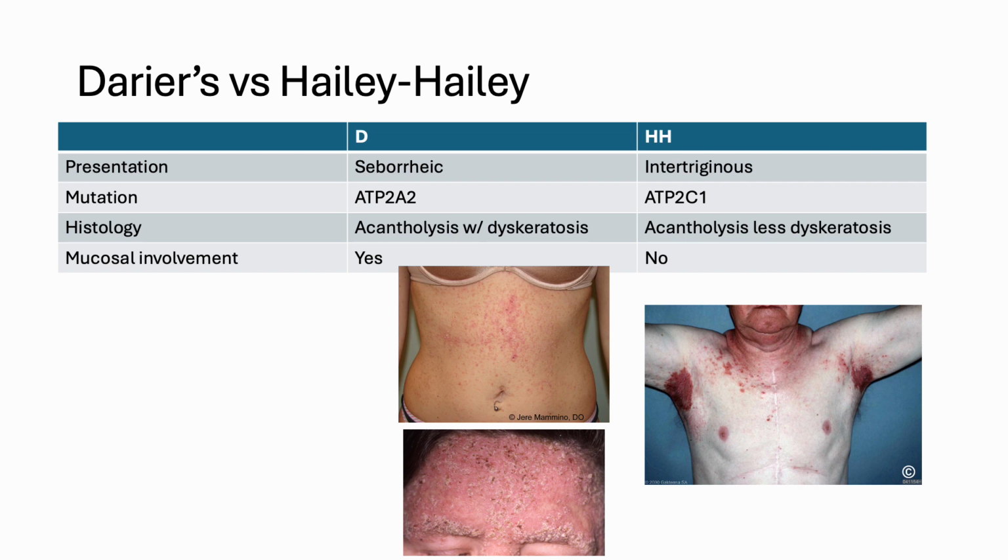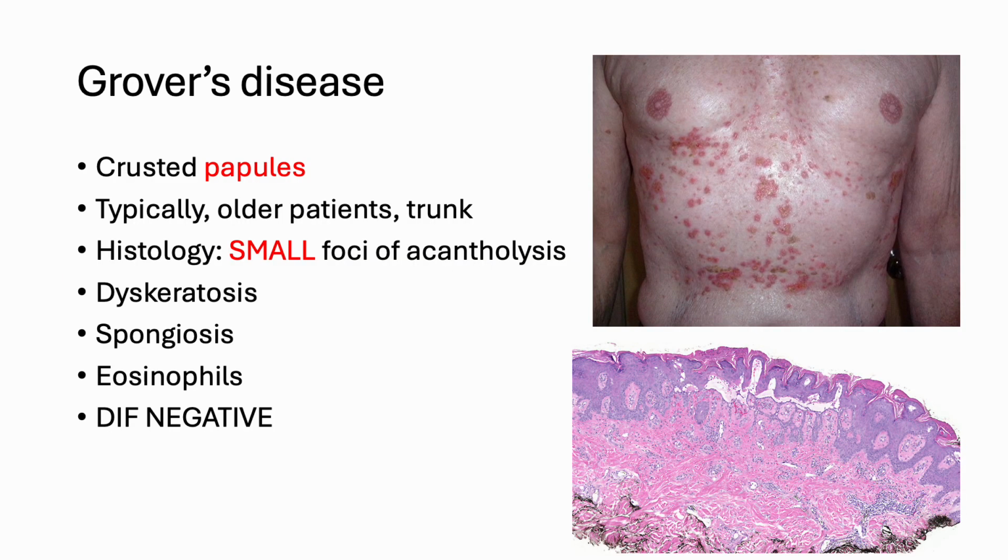For Hailey-Hailey, we have intertriginous areas, and the mutation is 2C1. I want to see Halley's comet one day, right? The histology is acantholysis but less dyskeratosis. The mucosal involvement in Hailey-Hailey is no. In Darier it is yes.